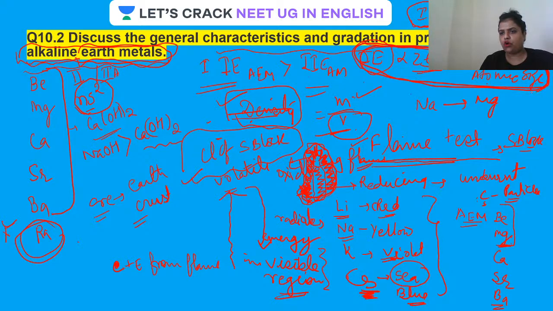I'm repeating, atomic size is inversely proportional to ionization energy, guys. So beryllium and magnesium are small in size, so they have very, very high ionization energy. In fact, that much higher ionization energy cannot be provided by the flame, guys, and therefore they do not show any color to the flame.